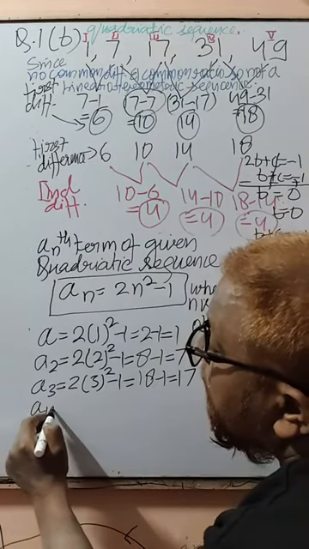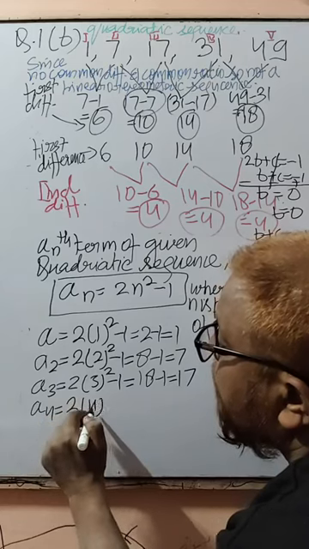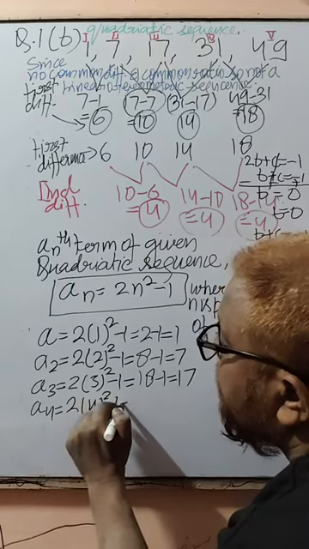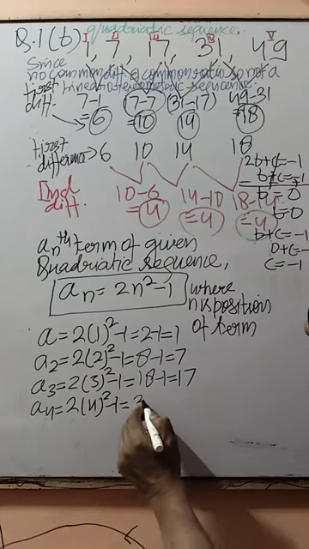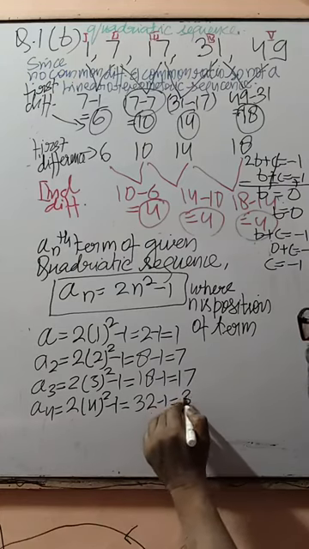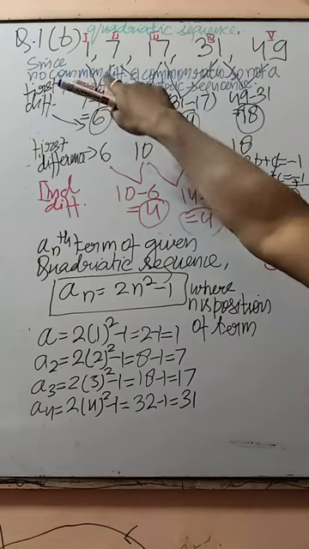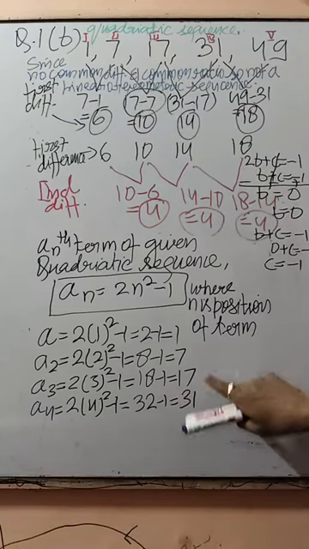a4 is equal to 2 into 4 squared minus 1. 16 into 2 is 32, minus 1 is equal to 31. You get 1, 7, 17, 31.